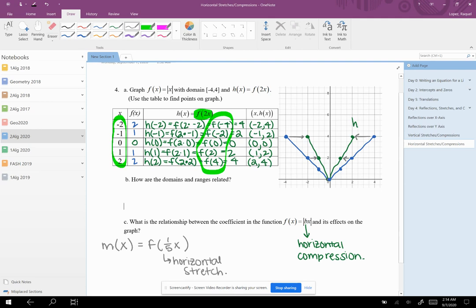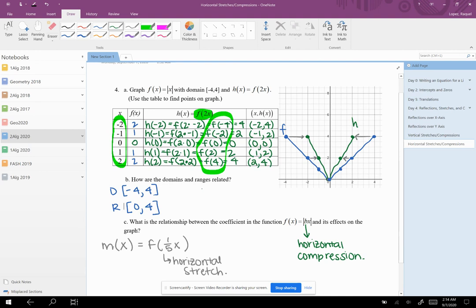Okay. And if we go ahead and do the domain and range, we know that our domain for the original graph, which is our f, I'm writing it in blue, is from -4 to 4. Our range was from 0 to 4, those values included.